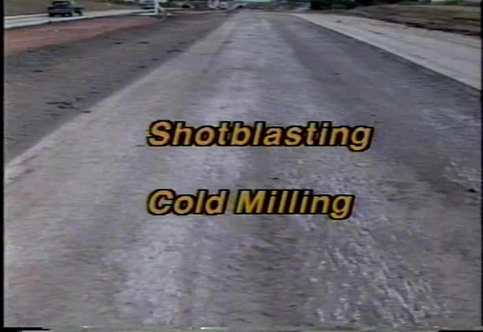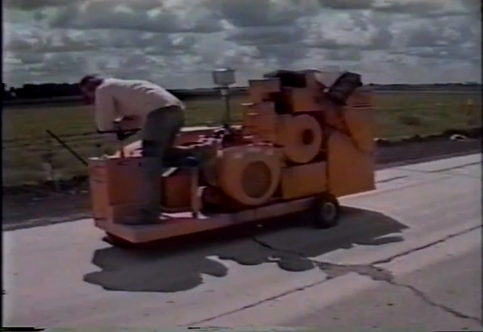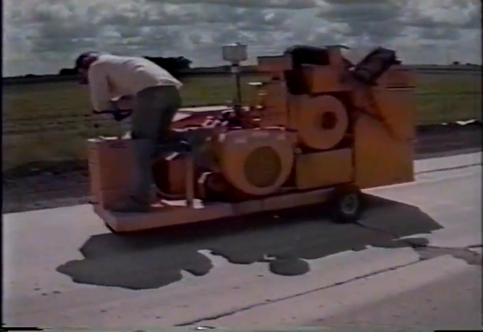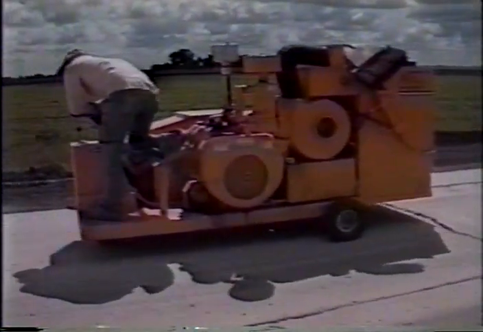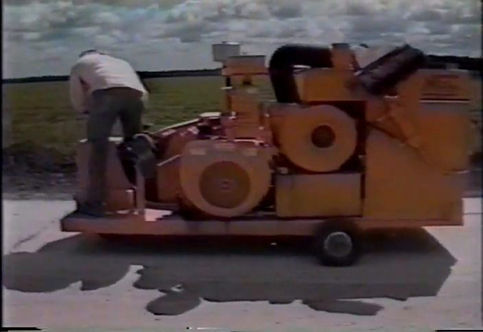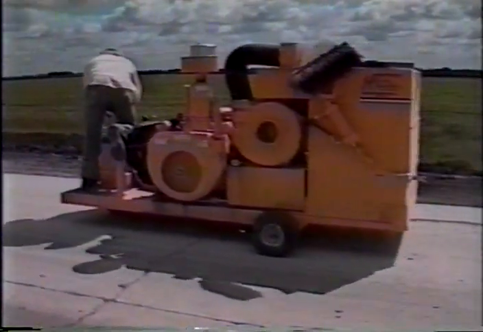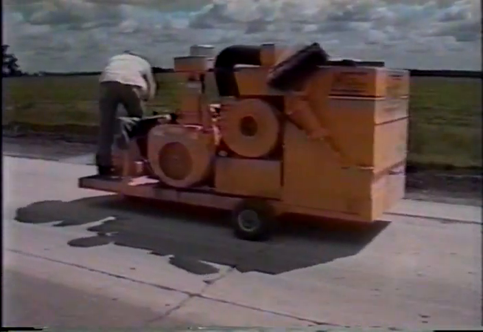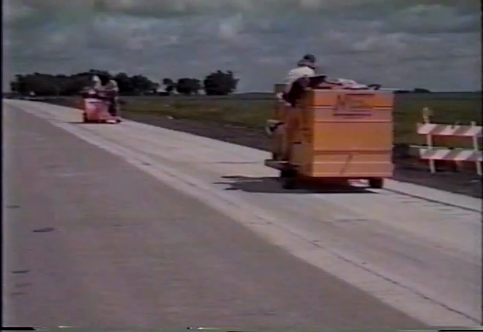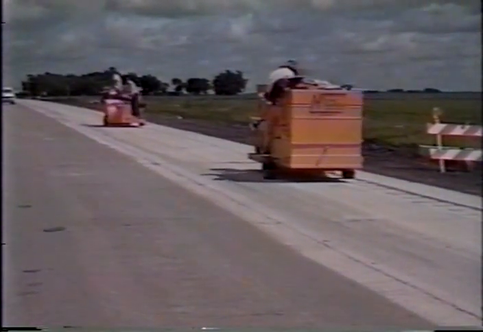Shot blasting and cold milling are effective methods of surface removal. Shot blasting equipment hurls steel shot at the pavement under a housing unit to remove about 1/8 inch of the surface. The shot is recycled and the removed concrete is vacuumed, leaving the surface free of loose material and dust. The process leaves a rough, highly porous surface that helps develop a strong bond.